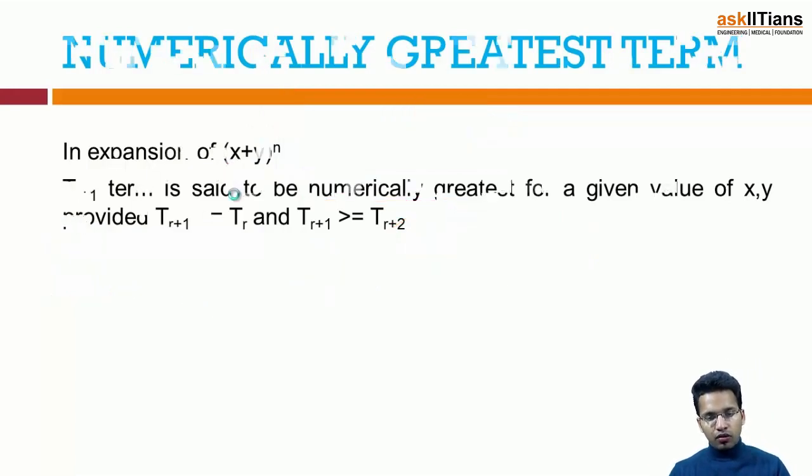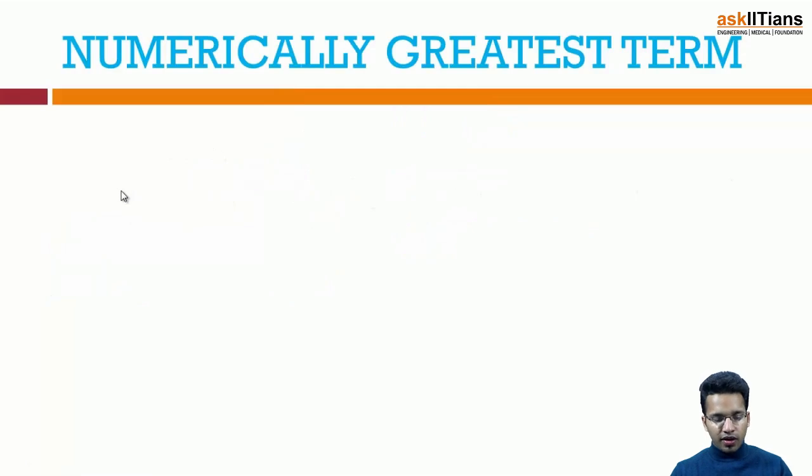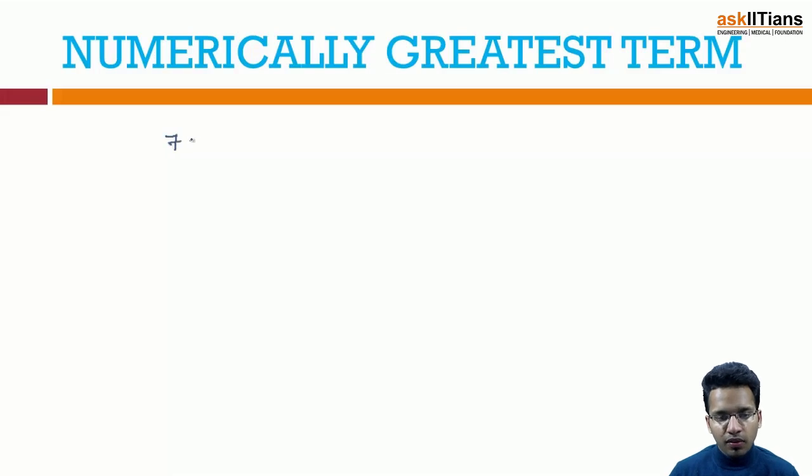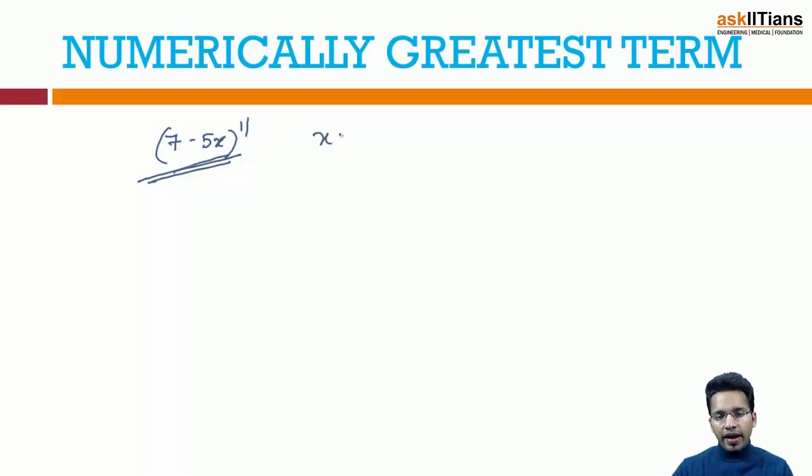So for instance, if I take any random example, say an expansion is given like this, I have to find the numerically greatest term in this when x is at some value, maybe x = 2/3. Now this is a random example. In this, the general term t(r+1) will be 11Cr 7^(11-r) (-5x)^r.